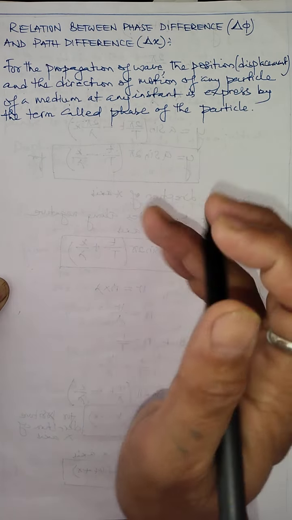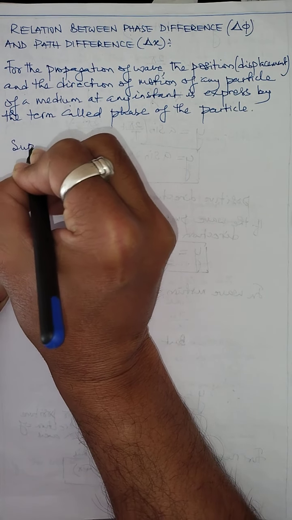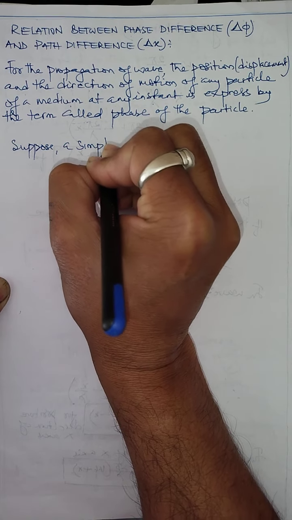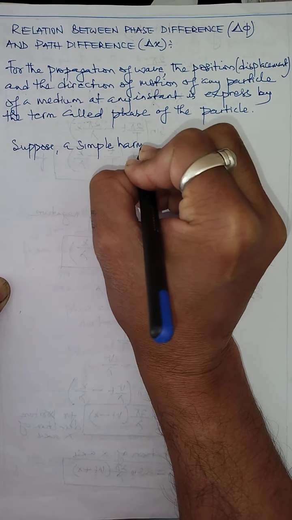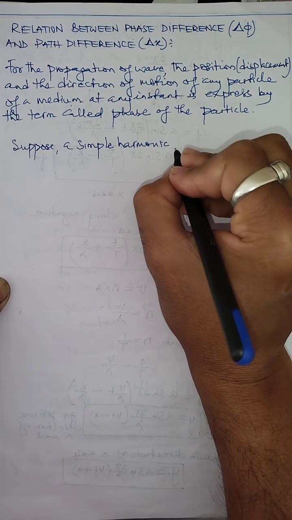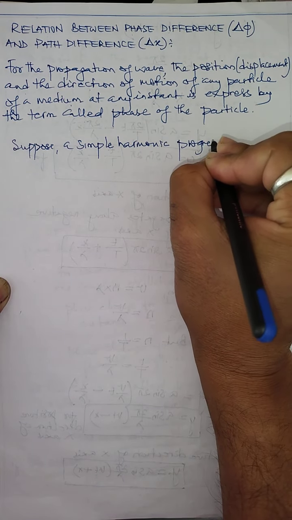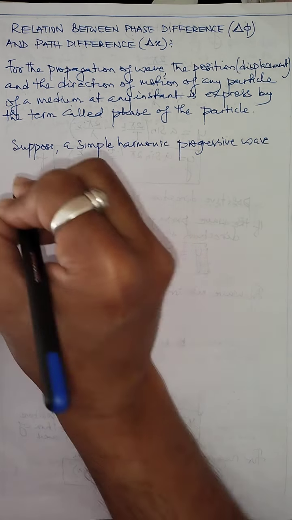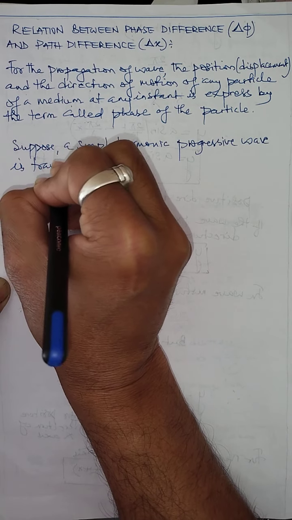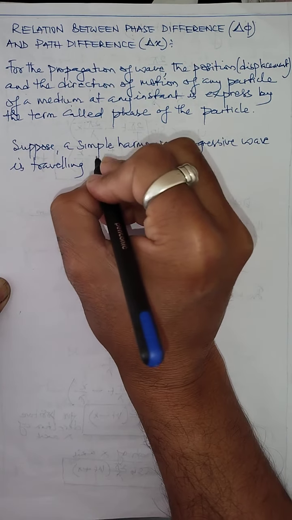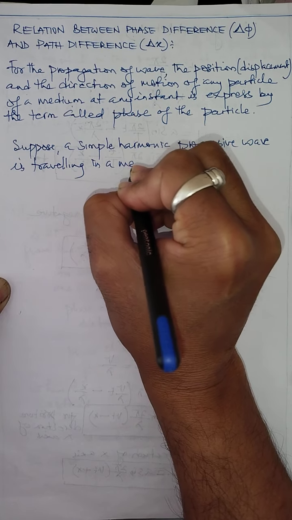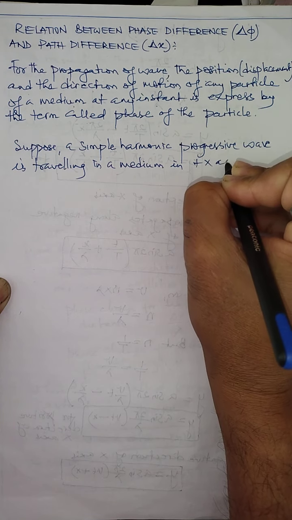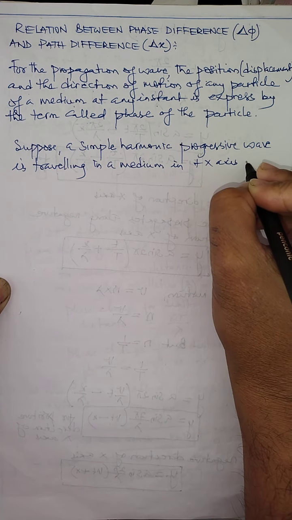Suppose a simple harmonic progressive wave is traveling in a medium, say along the positive x-axis.